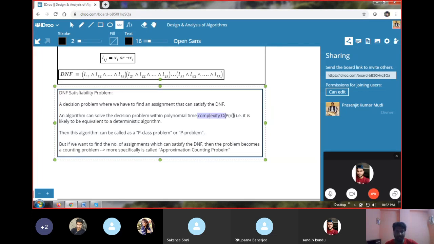By doing this, we randomly select through the choice function an assignment and check whether that assignment is satisfying the DNF or not. If so, success, otherwise failure. We try to conduct a number of random experiments, like trials. That's equivalent to tossing a coin 5 times, which is 5 trials.